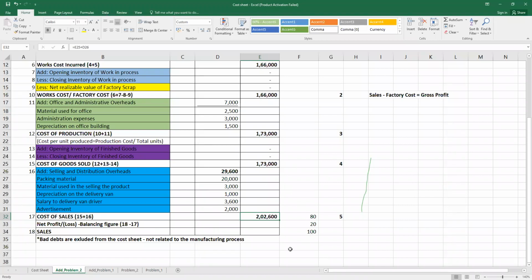Hello. 40,520. Is this your sales figure? 40,520, Roshni? Please check once. Ma'am, that is not sales, it is actually the profit price. Okay, anyone else?